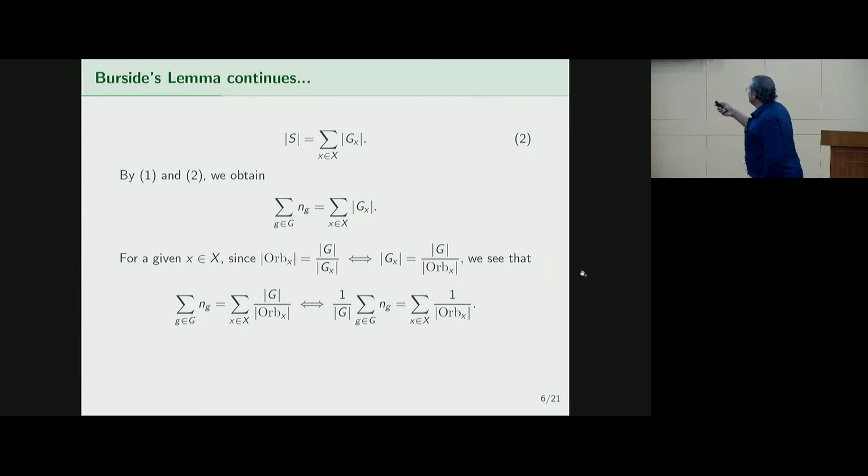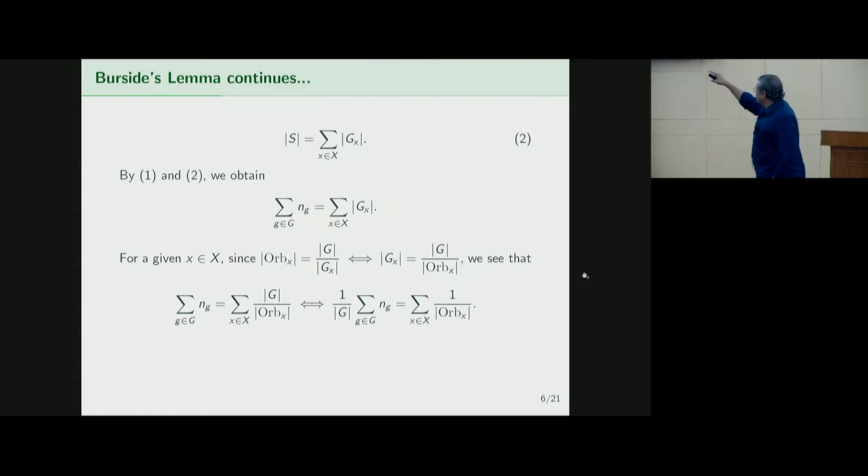If we apply that, we get this formula. The left hand side, the average of the fixed points, is equal to the sum of 1 by the cardinality of the orbit of x, where the sum varies over all x. Okay, this is what we get from the last equality.